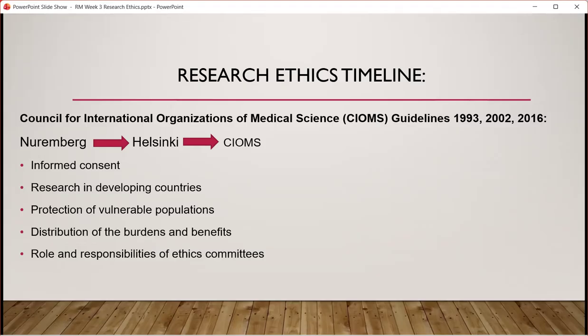This is now the Council for International Organizations of Medical Sciences, or CIOMS, and they also, taking the development from Nuremberg and Helsinki, the Declaration of Helsinki and the Nuremberg Code, talk about informed consent, research in developing countries, protection of vulnerable populations, distributions of burdens and benefits, and roles and responsibilities of ethics committees.